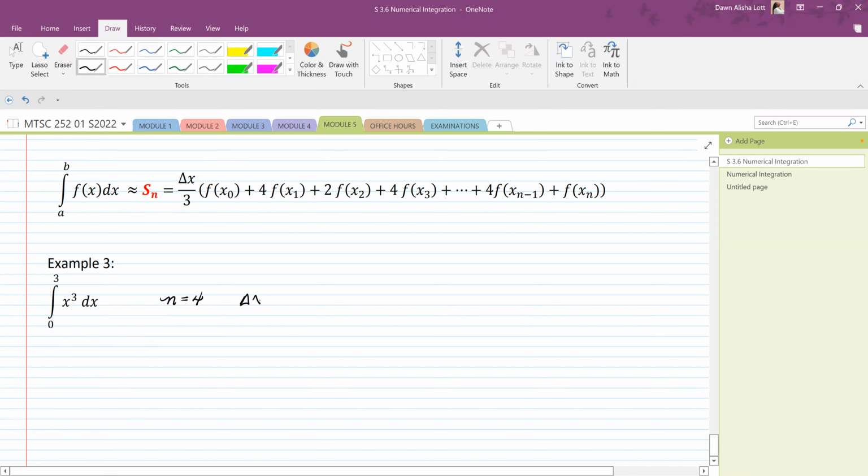Delta x is going to be b minus a over n, which again is 3/4.